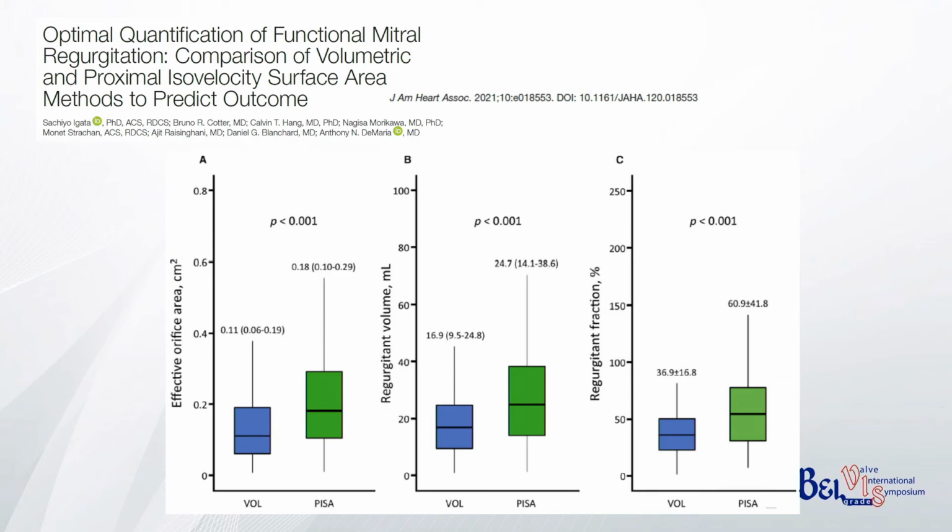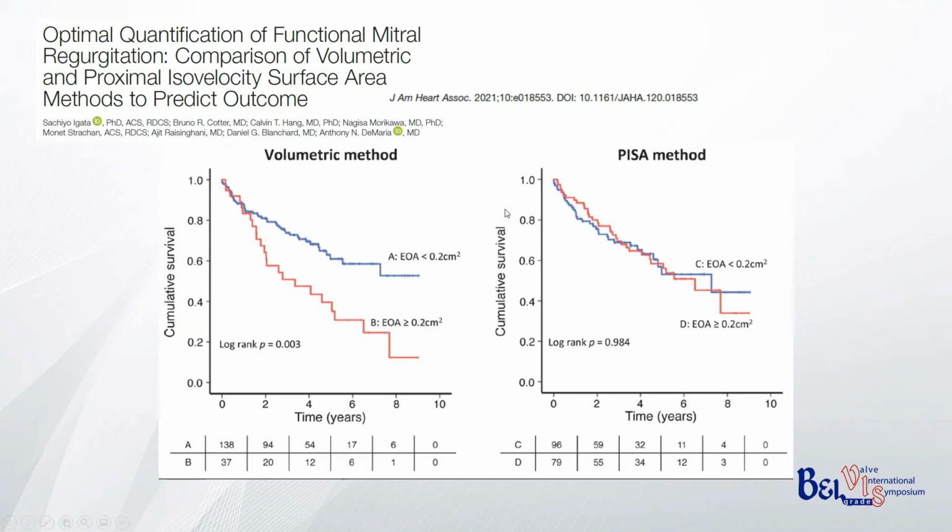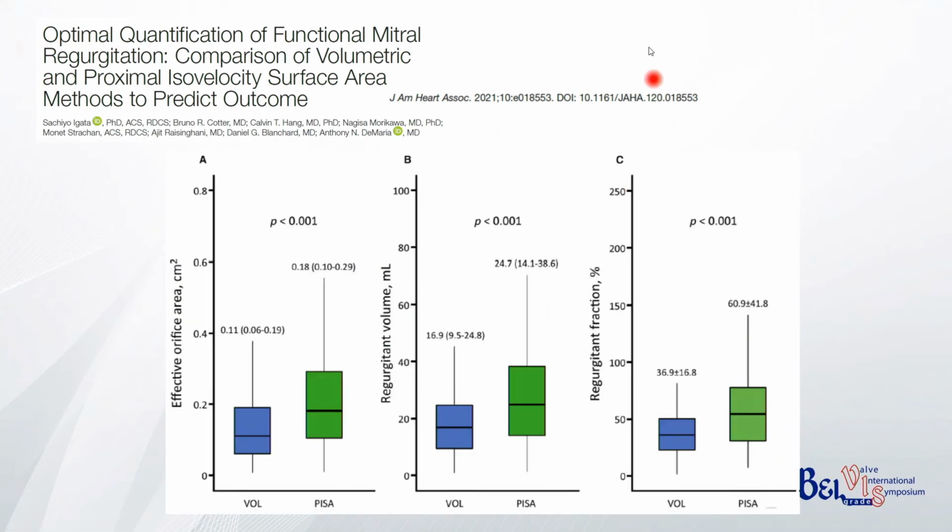And you can clearly see that if you use volumetry, which is not very often used because it's quite laborious in echocardiography, the volumetric method will clearly give you smaller volume in comparison with the PISA method, smaller ERO, a smaller regurgitant fraction in all the patients.